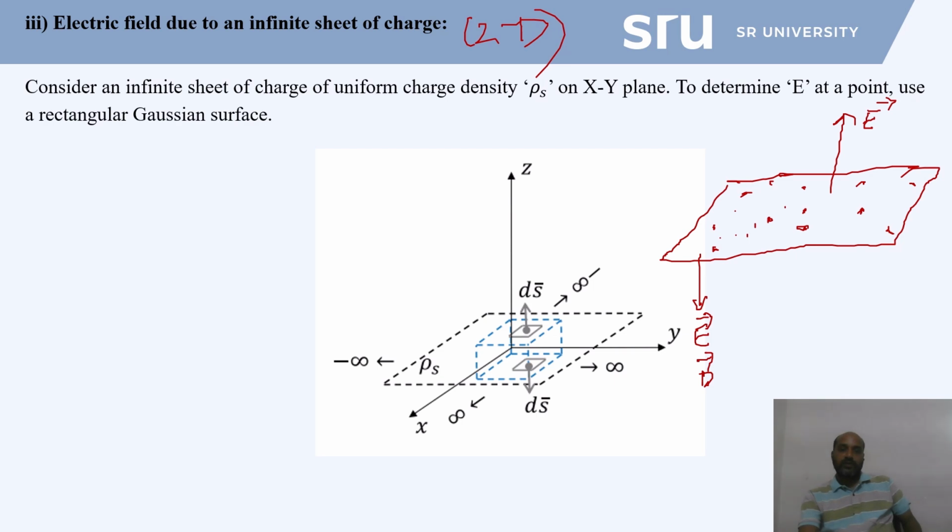In order to calculate the electric field intensity due to this infinite sheet of charge, you are considering a small segment, a small volume. I'll write that a little bit bigger here.